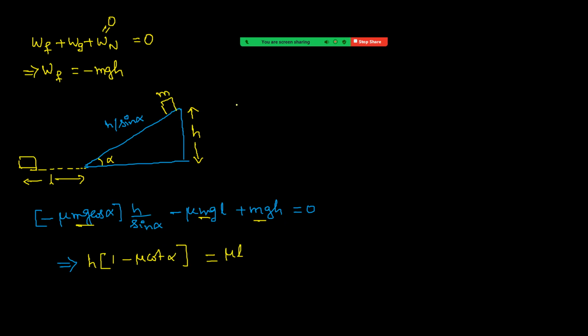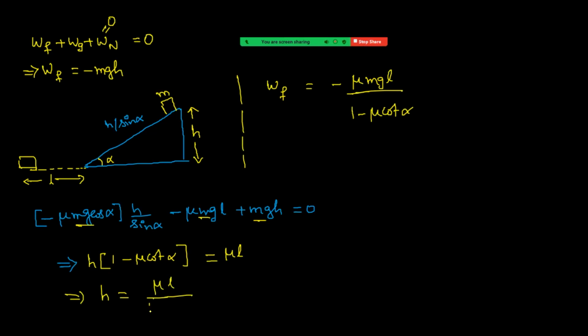Substitute this value into the work done by frictional force, which is equal to minus mu mgL upon 1 minus mu cot alpha. Cross check once. From here h equals mu L upon 1 minus mu cot alpha.